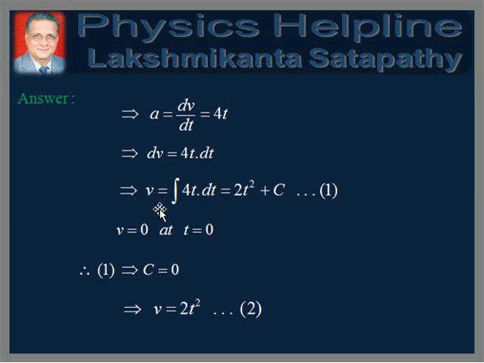Integrating both sides, we get v is equal to 2t square plus c, where c is the constant of integration, which can be evaluated using the boundary condition.